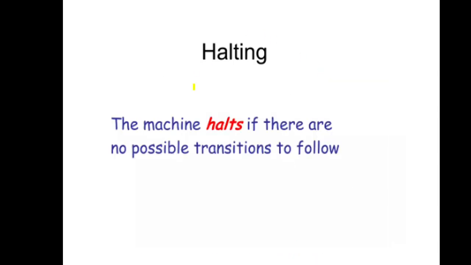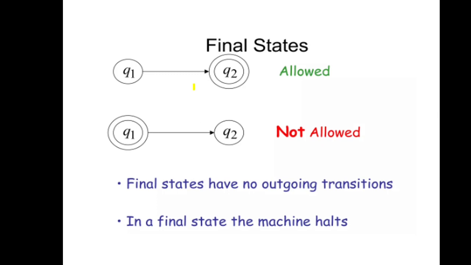Now the machine can halt. When the machine halts, it means no possible transition is followed. The final state goes from Q1 to Q2. If it reached the final state at last, it means the string is allowed.